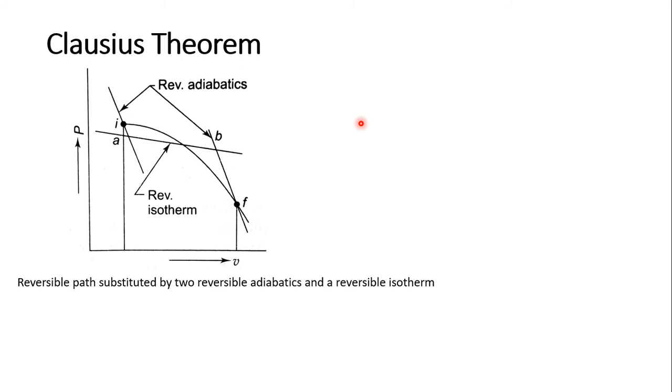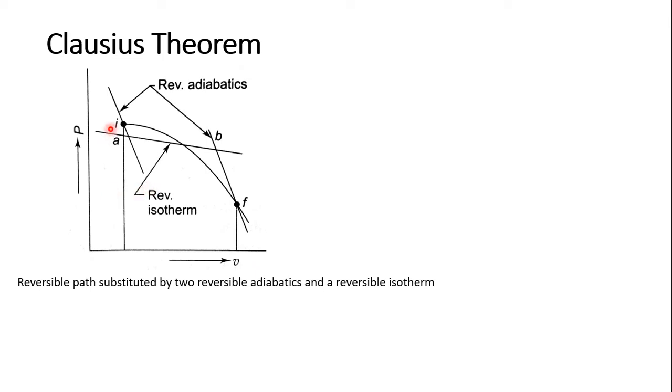Next, this is a very important question from the Mumbai University point of view: Clausius theorem. Actually the theorem doesn't start in this slide, it starts in the next slide, but here we will study some concepts which are required for the theorem. Understand the diagram first. This is a pressure versus volume diagram.